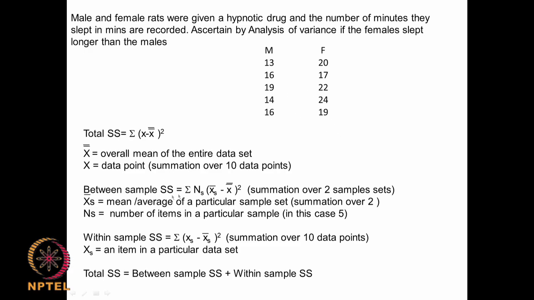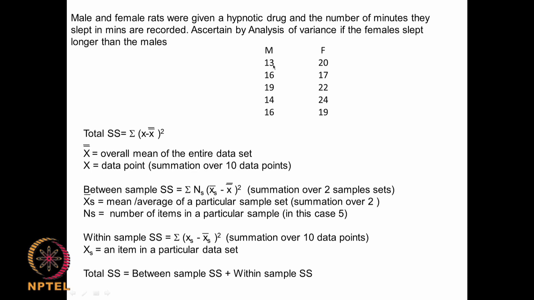If I want to calculate the between sample sum of squares, what will I do? I will have a mean here, so that mean minus global mean squared, but I will multiply by 5 here because there are 5 data points. Then this mean minus global mean squared multiplied by 5, add both, that will give me the between sample sum of squares, and the degrees of freedom is 1 here. Now, if I want to calculate the within sample sum of squares, I will have a mean for male alone.